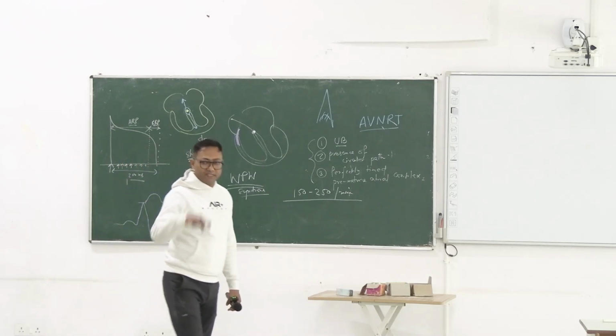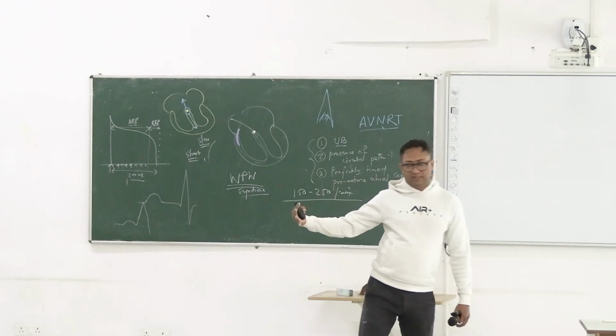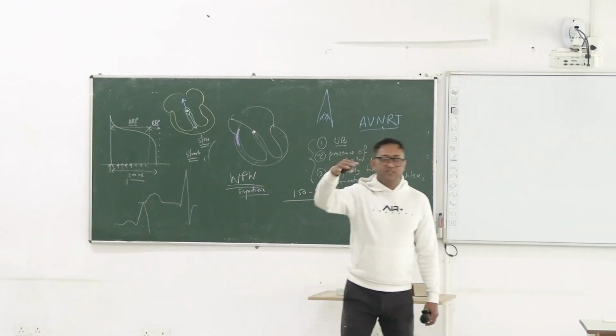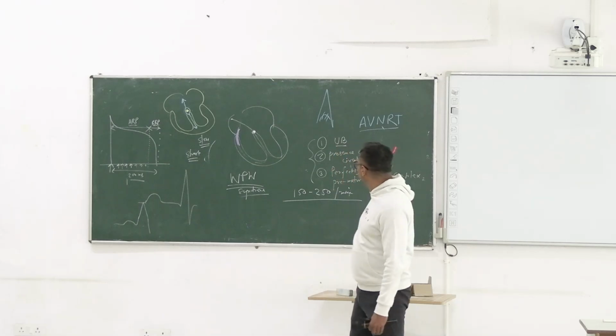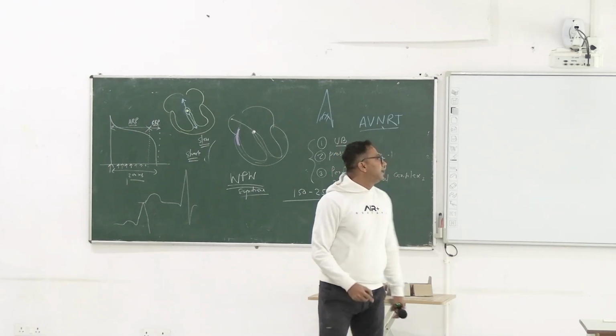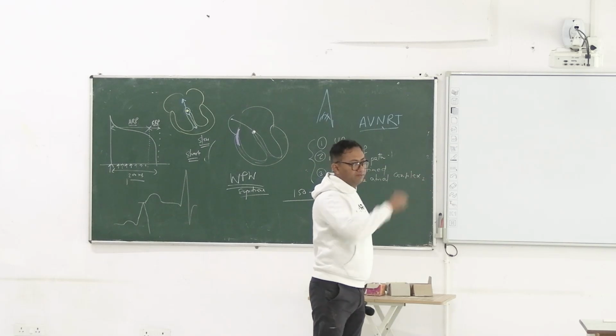So basically re-entry you can divide into AVNRT and AVRT, right? AVNRT we have already discussed, and AVRT is divided into orthodromic AVRT and antidromic AVRT.